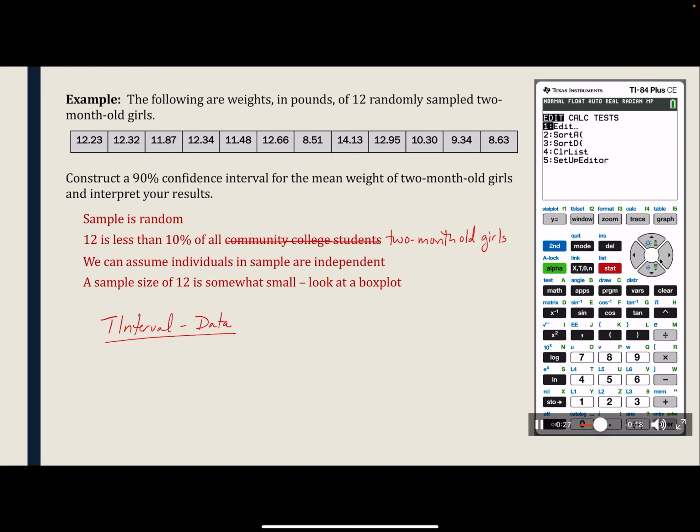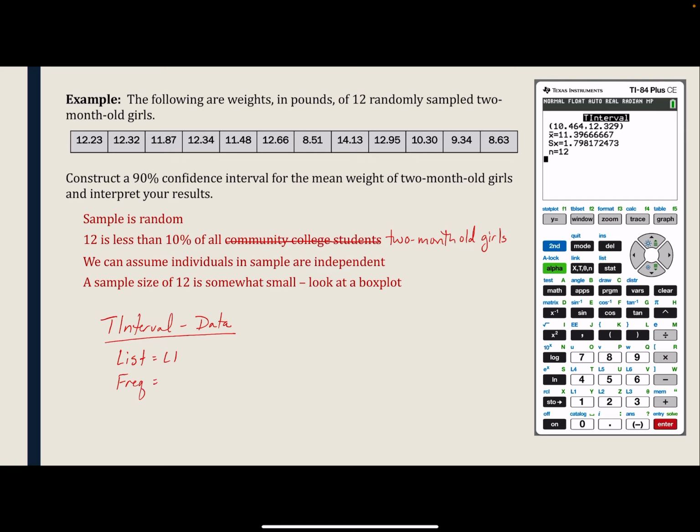So you're going to go to stat and tests and go down to that t-interval command. And again, you're going to enter data and then L1, leave the frequency as 1, and we have a C level of 0.9. So we had our list at L1.